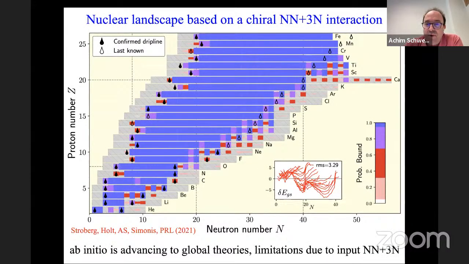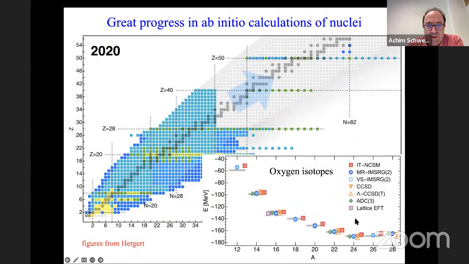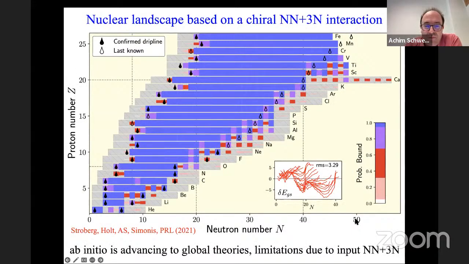Here's an example from a recent paper, where we were also involved in some of the calculations, in which we calculate the lightest 700 nuclei in the nuclear chart. Here we were interested in seeing where the probability, based on these uncertainties, is large that nuclei are particle bound.